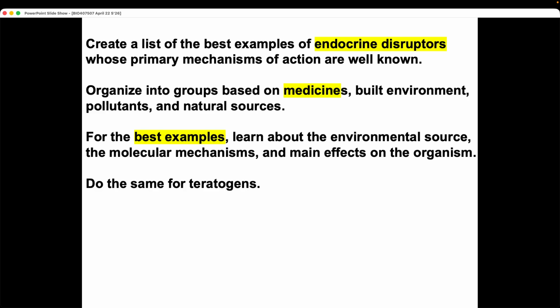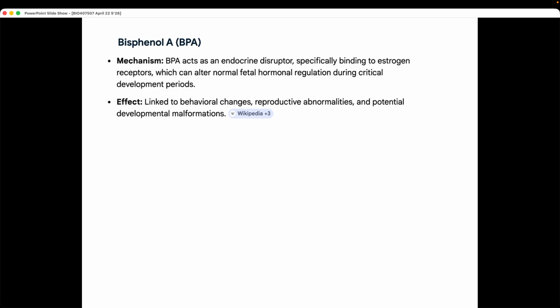Okay, great. So in the context of this, I talked before, and I just have more slides about examples. So we have these great examples. BPA is a great example for us in our course as part of the built environment. It would impact all vertebrates because it's an agonist of estrogen.